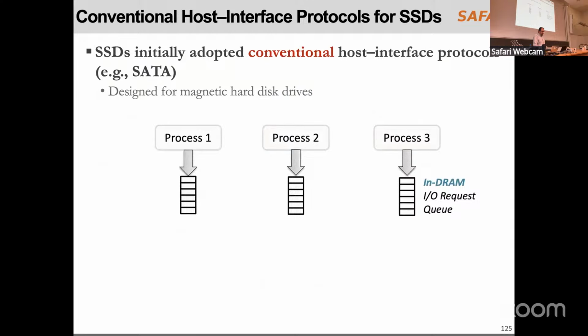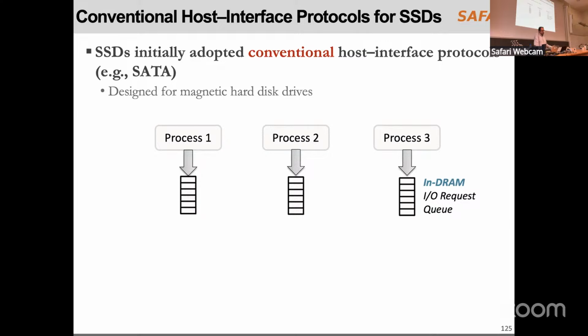The high-level problem that we are focusing on here is that SSDs have historically used the SATA protocol, which is the interface protocol that we have been using for hard disk drives. I think you know SATA.